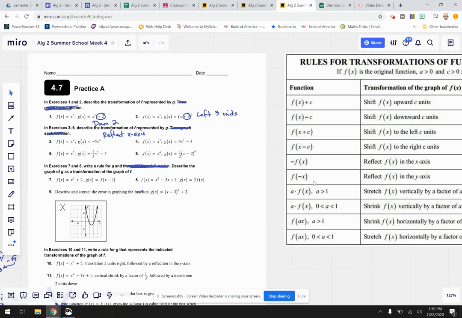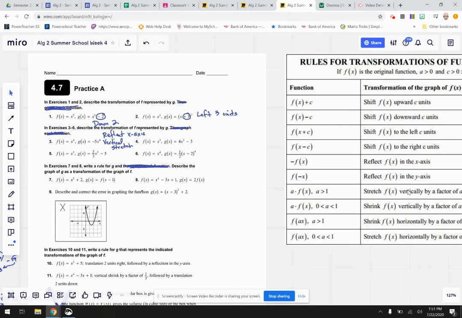Then the next thing it does is multiply by 5. 5 is greater than 1, so it stretches vertically. So I would say vertical stretch. So two things: a reflection in the x-axis and a vertical stretch of 5 times whatever, stretching it 5 times as much.